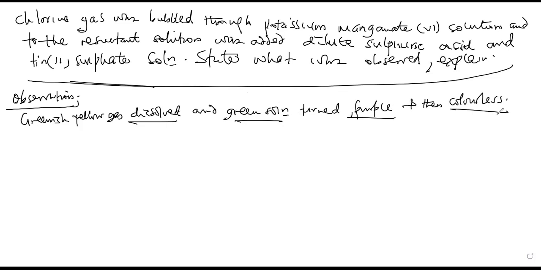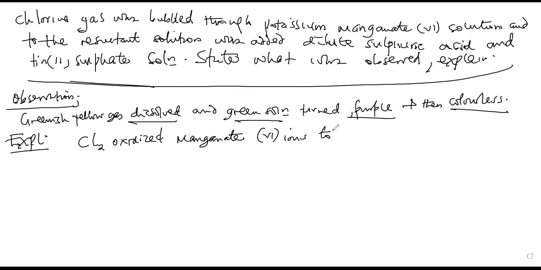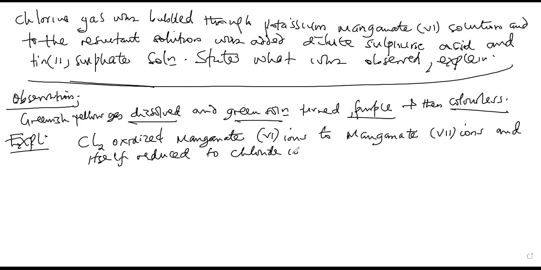Now, the explanation would be: chlorine oxidized manganate 6 ions to manganate 7 ions, and itself is reduced to chloride ions.